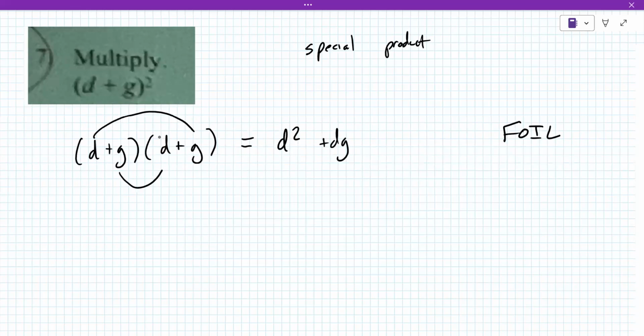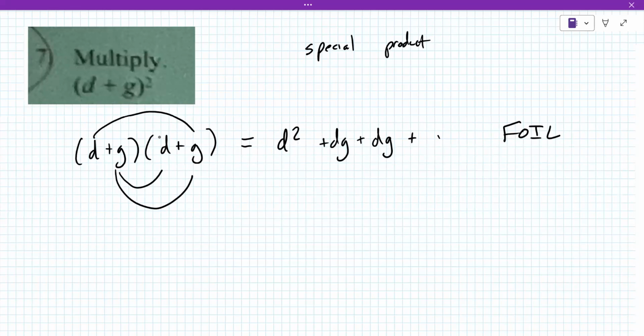Now, when we multiply g times d, it's better to put it in alphabetical order. That's kind of the standard. You know, you put your weights back on the rack in the order they're in, right? We just have conventions that we use. So now what is g times g?